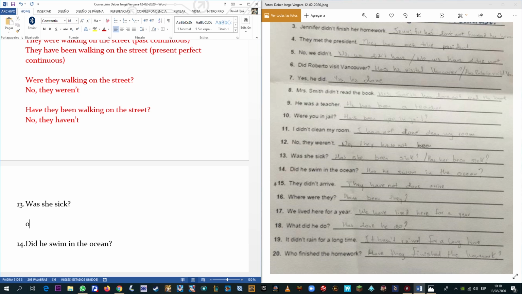And that's correct. Has she been sick? Is correct, but the other, has her been sick, is not good, because her means a possessive. We can use her like a possessive, and the correct personal pronoun for a question is she.